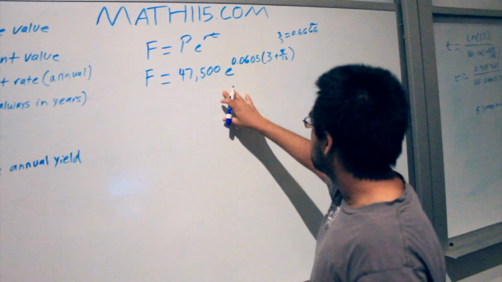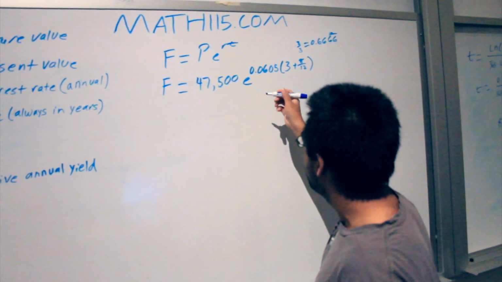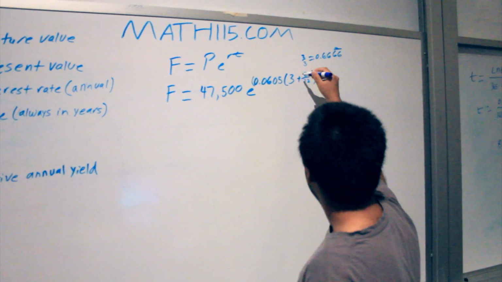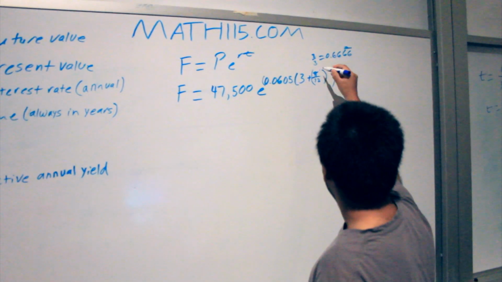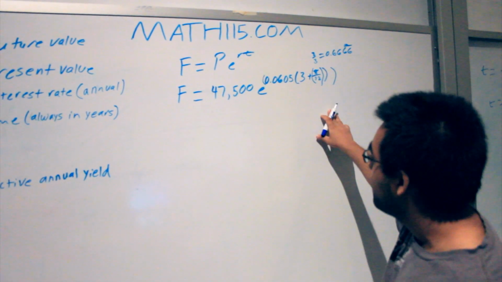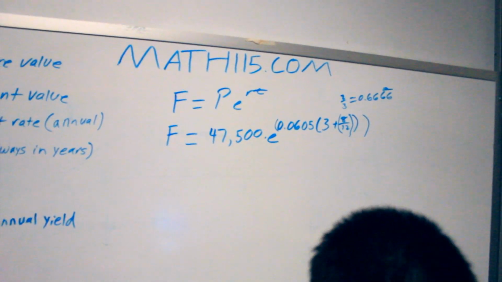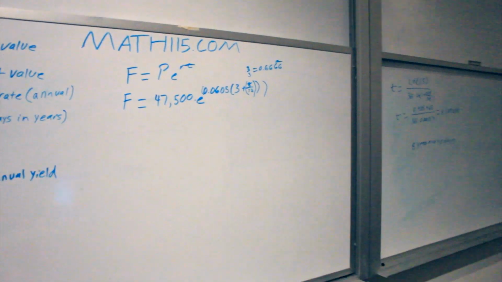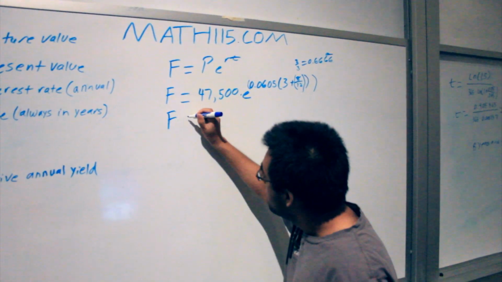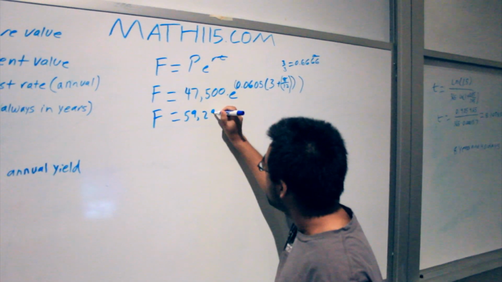So now we just need to solve this formula. If you throw this into a calculator, you can do it exactly like this. You'll want parentheses right here, another one at the end, another one right here, and another one right here, and you should be good. If you plug it in exactly like I have here, with the parentheses that I have here, your calculator should get you the right answer, and in this case, the answer is $59,297.